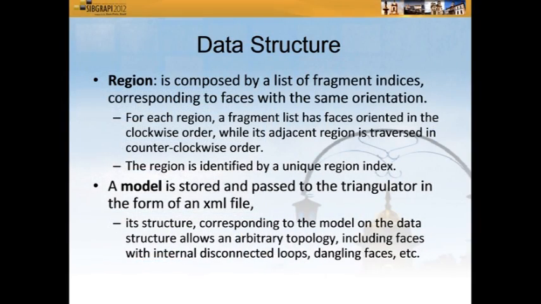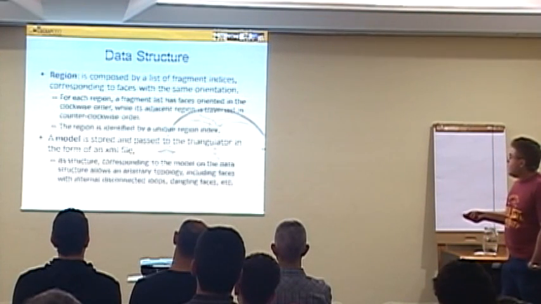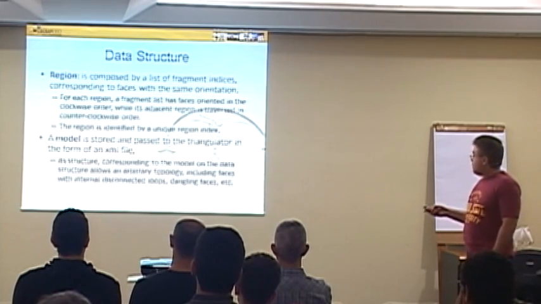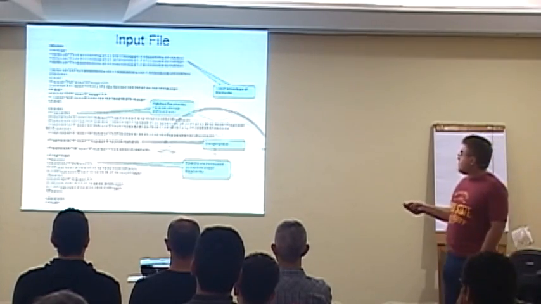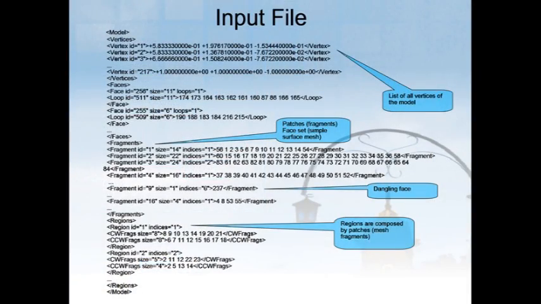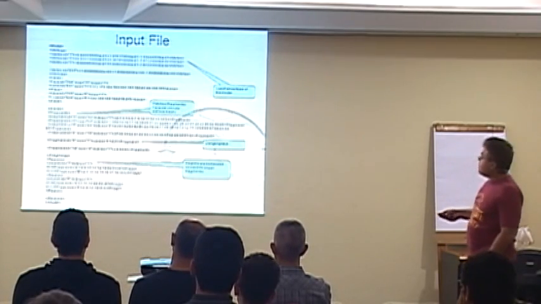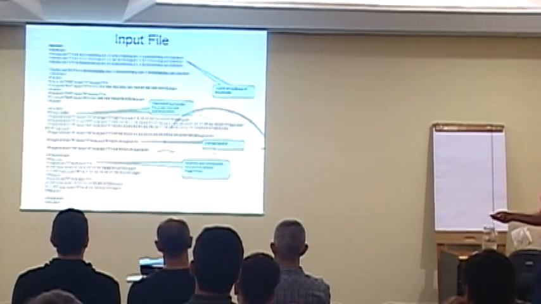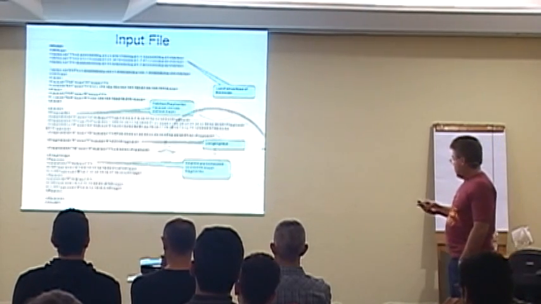Then a region is composed of a list of fragment indices, and the model is stored and passed to the triangulator in the form of an XML file. We have here just a small piece of a typical file. We have the vertices here, the faces here, the list of fragments, and the list of regions. So this is how the model is input to our system.